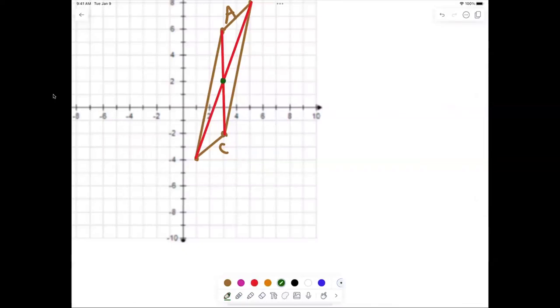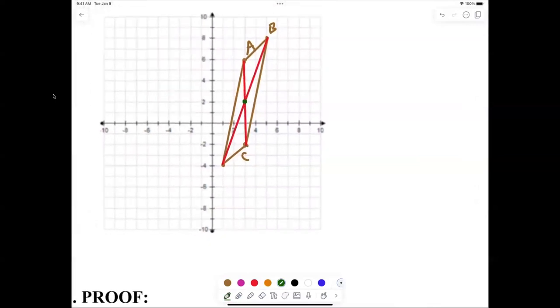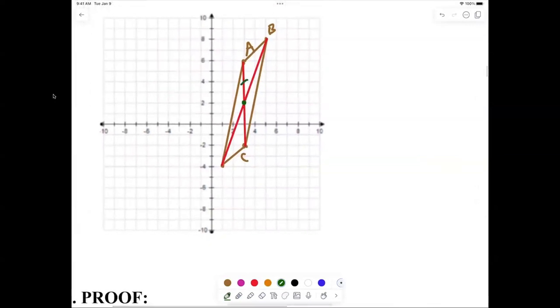This point right here, if this is equal to this, what is this point called then? Yeah, there you go. It's called the midpoint. So you don't have to draw it. You just need the midpoint. You need the midpoint of what? Either one. That is correct.